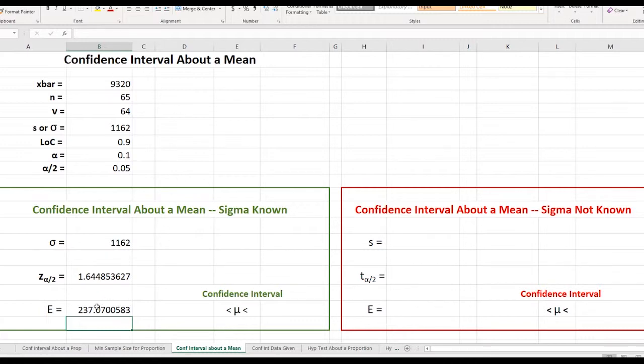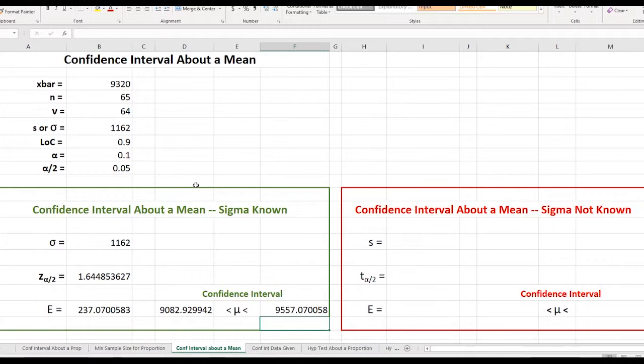Now all I have to do is subtract this number from x bar on the left side, and add it to x bar on the right side. So this is going to equal x bar minus that 237.07 number, and over here equals x bar plus that 237.07 number.